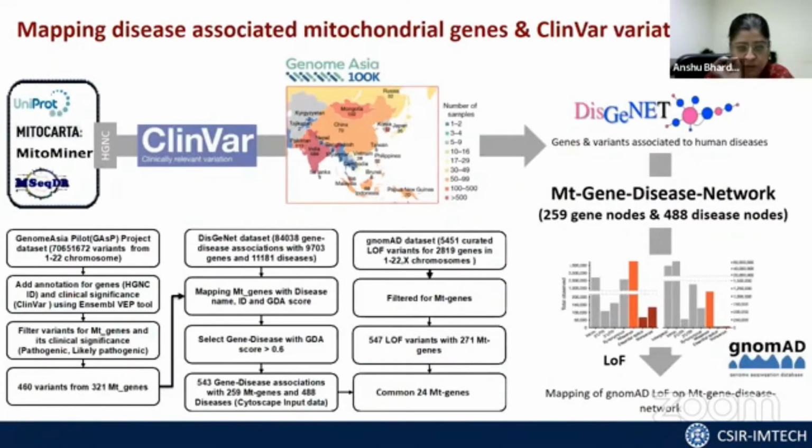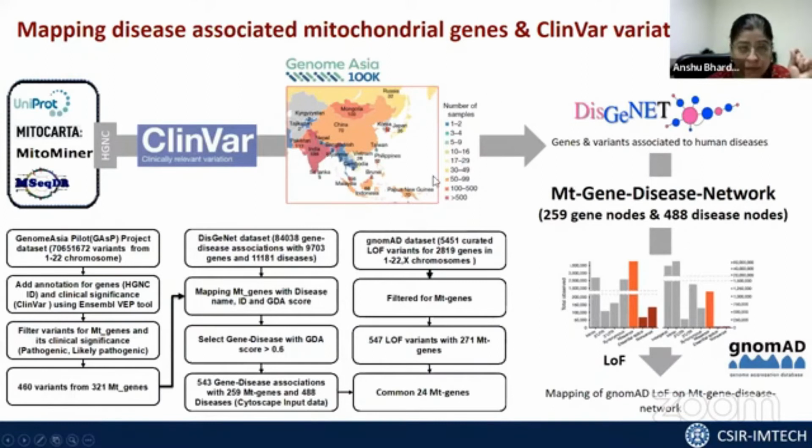Just bear with me on this slide for a minute. If you look at the left-hand panel, we utilized several resources to identify nuclear encoded proteins with mitochondrial function, identified which mutations in these proteins have been reported to be pathogenic in ClinVar, which means they are clinically actionable, and mapped these variations onto the GenomeAsia 100K project, which also has data on almost 600 individuals from India.